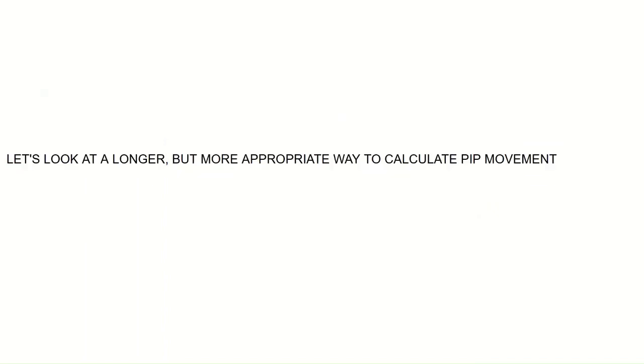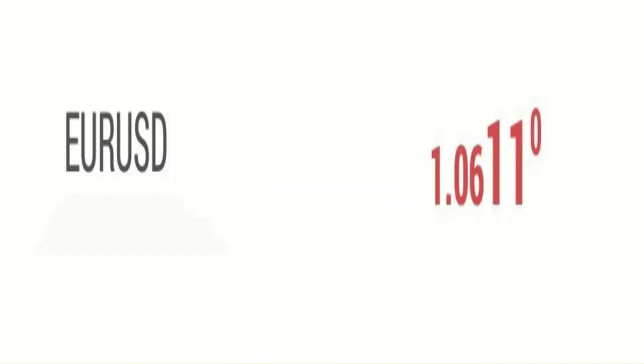Let's take a longer but more appropriate way to calculate pip movement. I've explained the simpler way of calculating it, and I want to believe that you understand that. Now let's go into the longer but more appropriate way to calculate it. Now we'll take the first example again, EUR/USD, which is at a current market price of 1.0611.